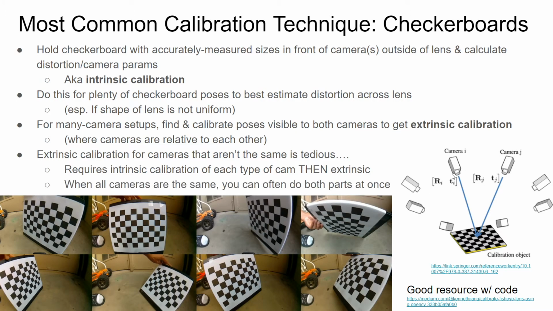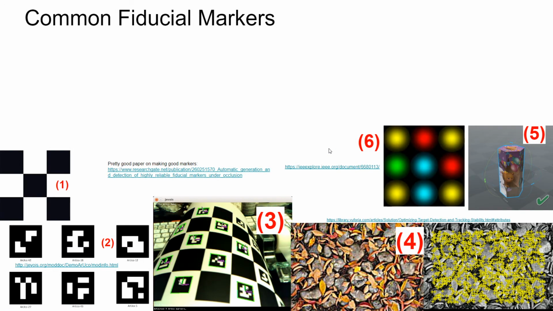In situations where all the cameras are the same, you can almost do both parts at once because you know that all the cameras are the same. So it's maybe like two matrix multiplications that can be done sequentially, so you can do it pretty quickly.